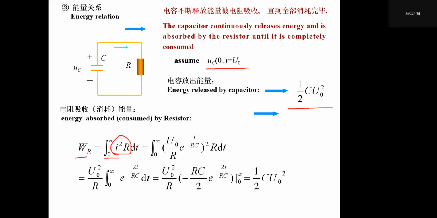And we know that i equals U0 over R times e to the power of minus t over RC, and this one squared. So we do this integral, and we have this conclusion. Then we see that those two are identical. So all the energy is consumed by the resistor, completely.